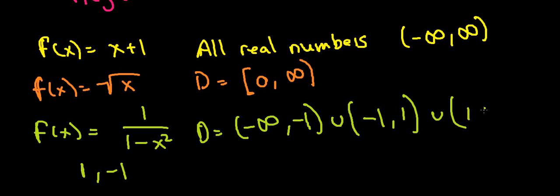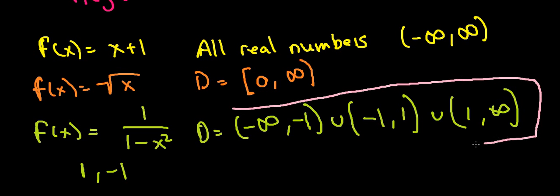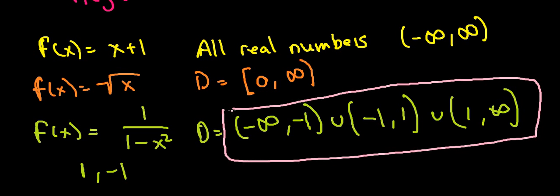And also we can have 1 to positive infinity. And this is the answer we're looking for. We can have the numbers between negative infinity and -1, between -1 and 1, and 1 to infinity. So that is the domain of this function.